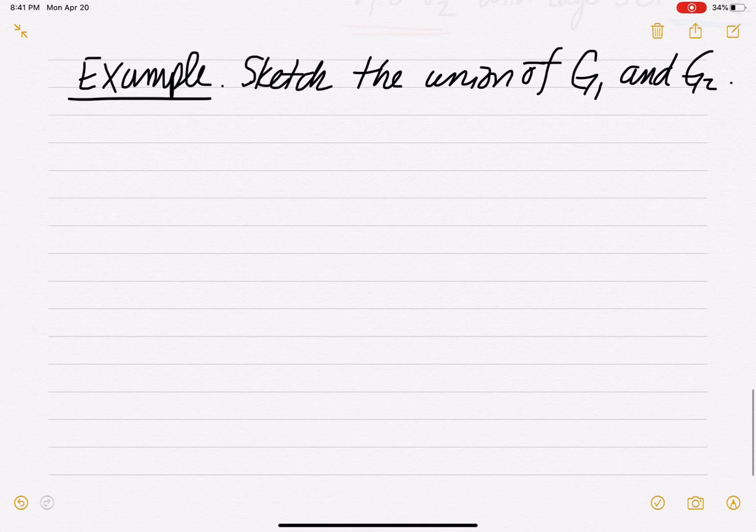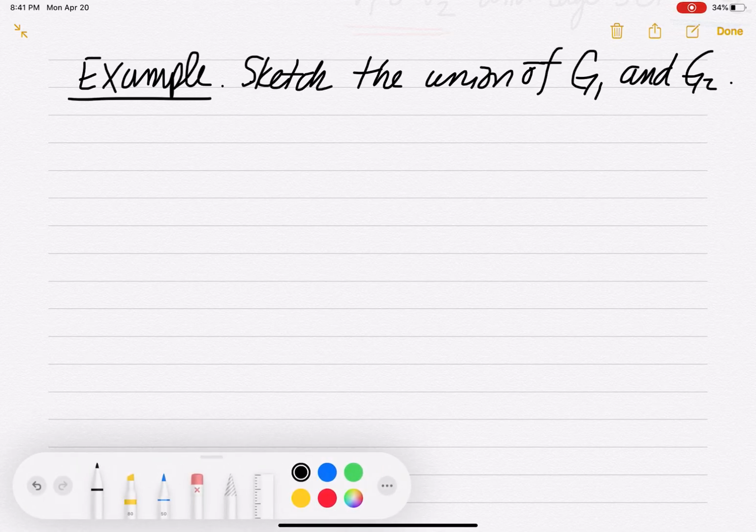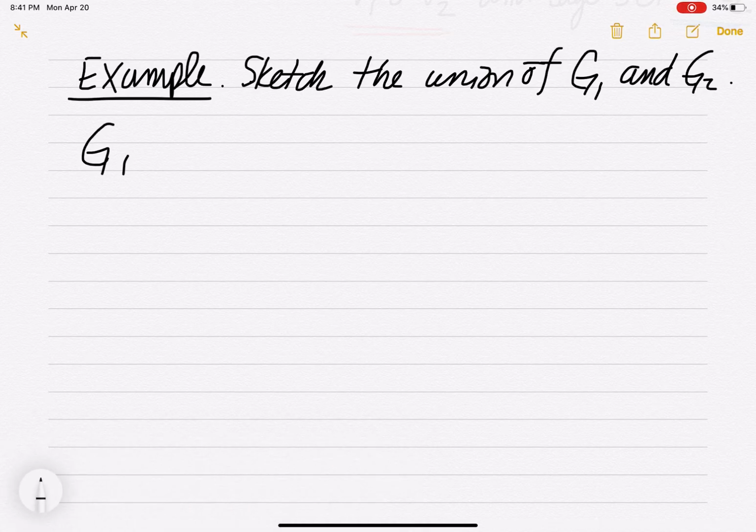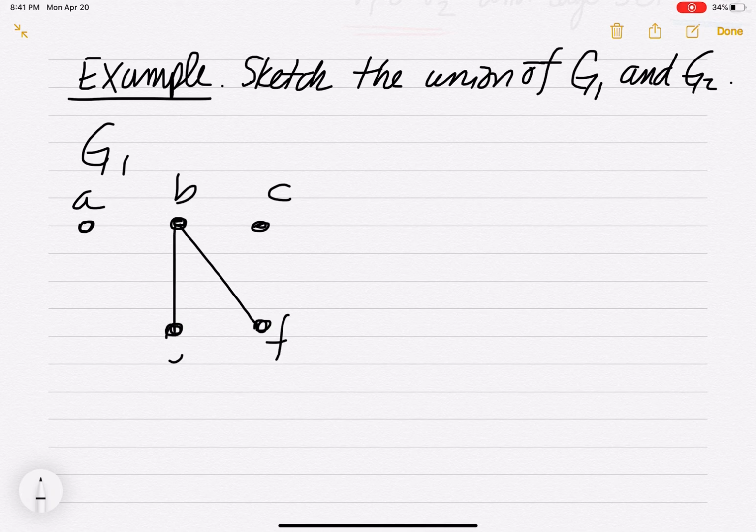Okay, so I'm going to draw a picture. There's going to be G1 down here. A, B, C. Here I'm going to have F, here I'm going to have E, here I'm going to have D. Okay, that's G1.